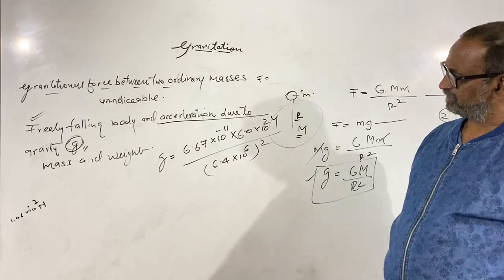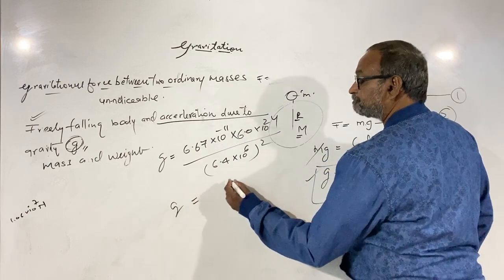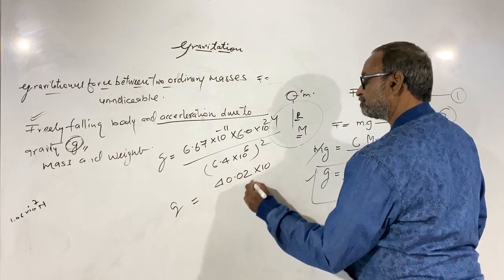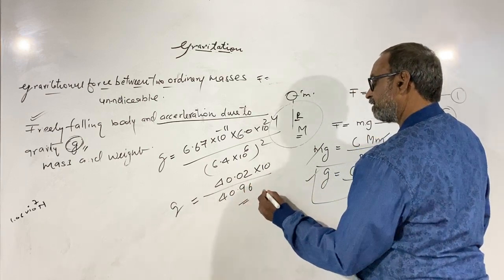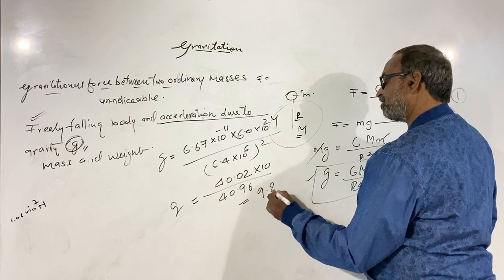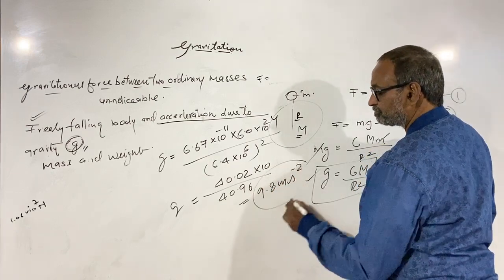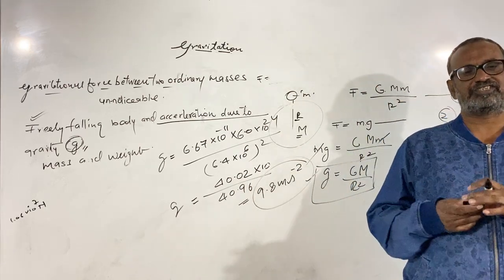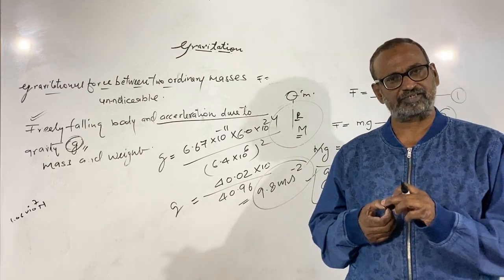If you calculate, the value of g comes out to be approximately 9.8 meter per second square. So the average value of g on the surface of the earth is 9.8 meter per second square.